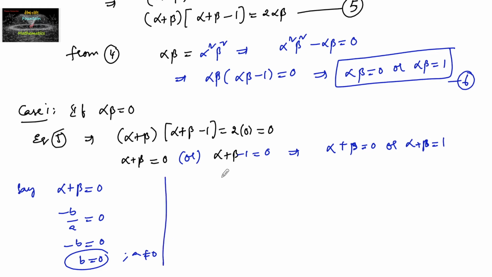Also, alpha beta is equal to 0 implies c upon a is equal to 0, the product of the roots. So which implies that c is equal to 0, since a cannot be equal to 0. So we got b is 0, c is 0.